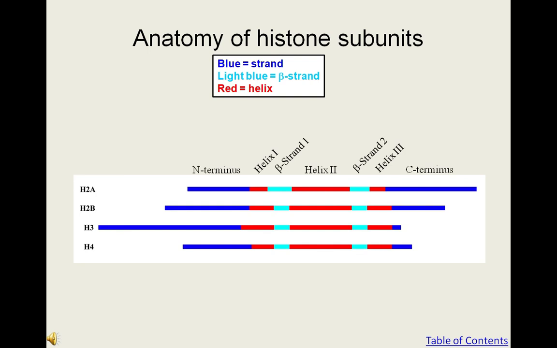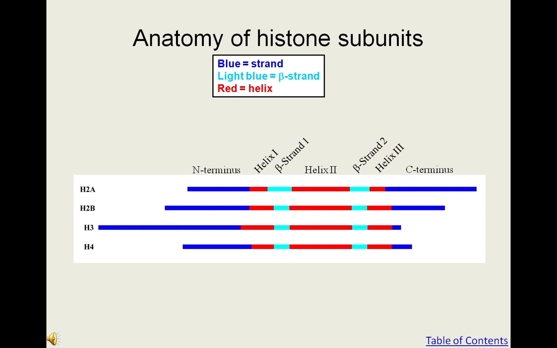There are 7 distinct anatomical regions common to all, namely the N-terminus, helix 1, beta strand 1, helix 2, beta strand 2, helix 3, and the C-terminus. The 5 central regions from helix 1 to helix 3 are fairly constant in length from subunit to subunit, but the N and C termini differ markedly in length.